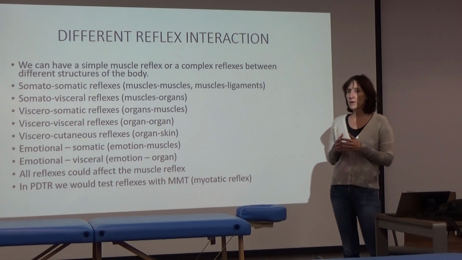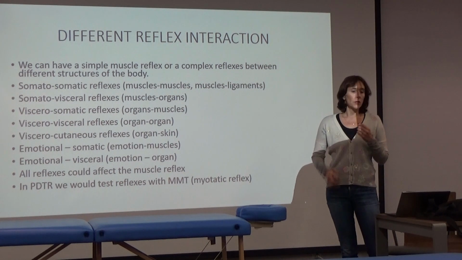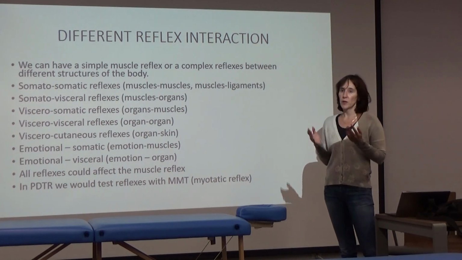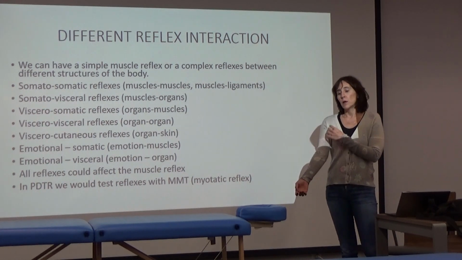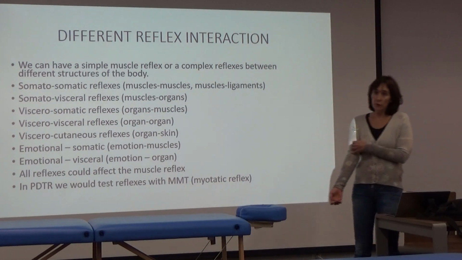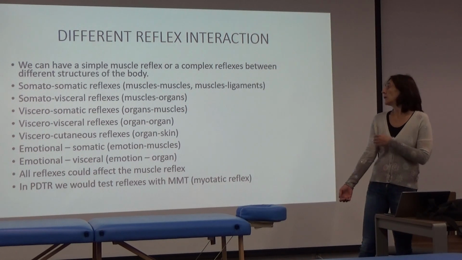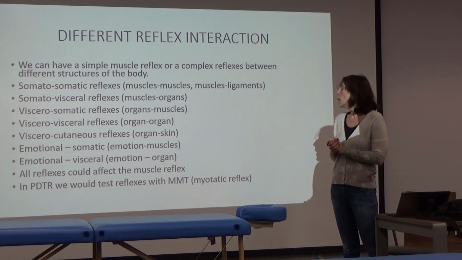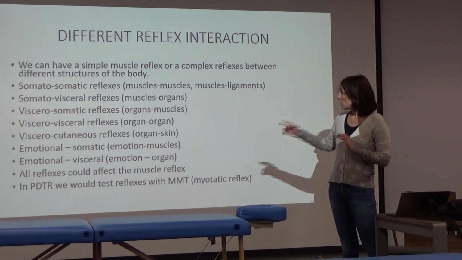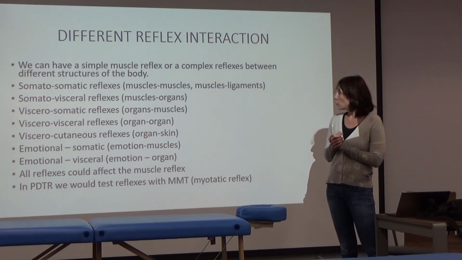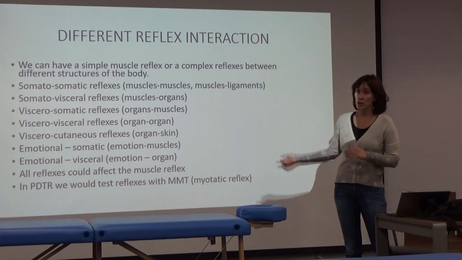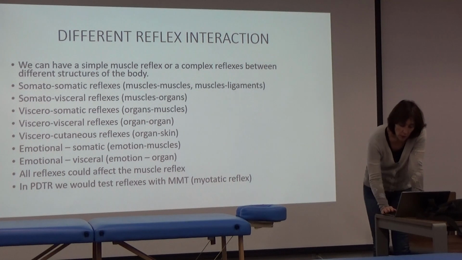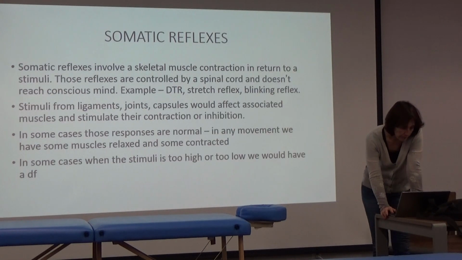It's just a stretch reflex, and it's the reflex which is described in all the books. The sensors which sense the length of the muscle send the signal, and as a result the muscle contracts. So all those altered reflexes could cause the alteration of stretch reflex.